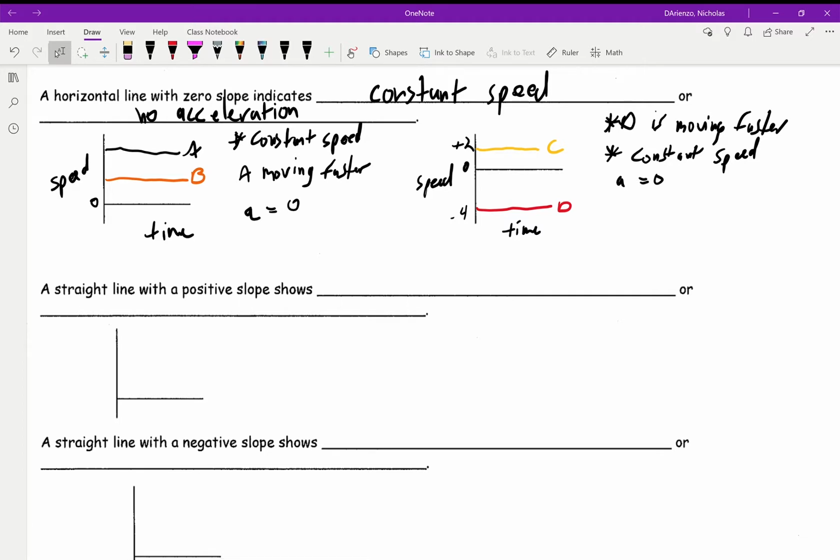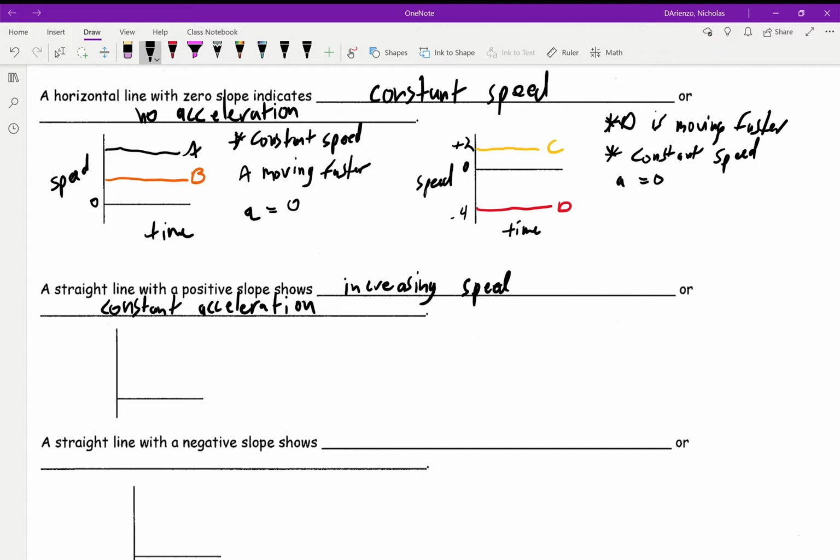So a straight line with a positive slope is going to show increasing speed, or constant acceleration. Remember, acceleration is how velocity or speed is changing over time. So if our speed is increasing, we have to be accelerating.